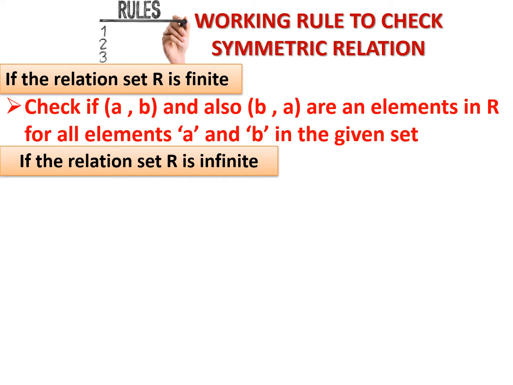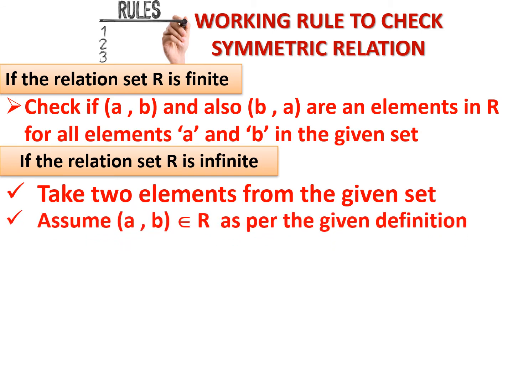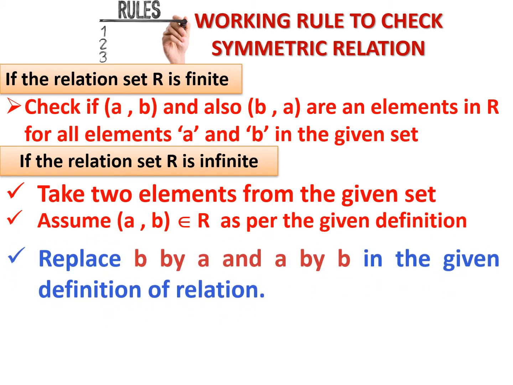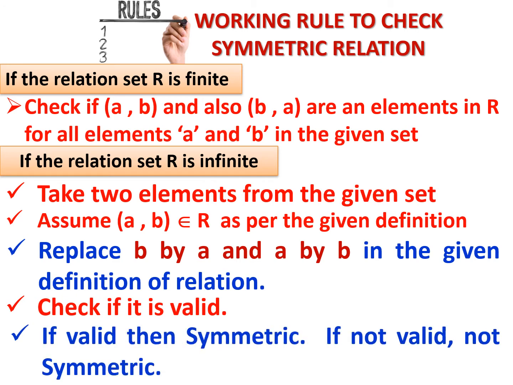You cannot check the elements, so for infinite, you take two elements. You assume A comma B, then replace B by A and A by B in the given definition of the relation and check whether it is valid. Sometimes the validity may not be there. If it is valid, it is symmetric. If it is not valid, it is not symmetric. Let's take examples now.